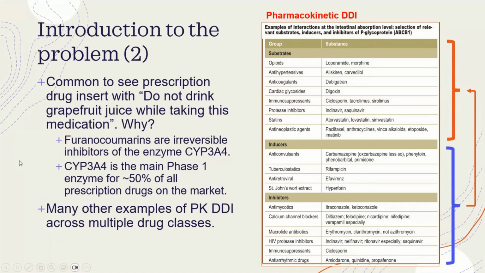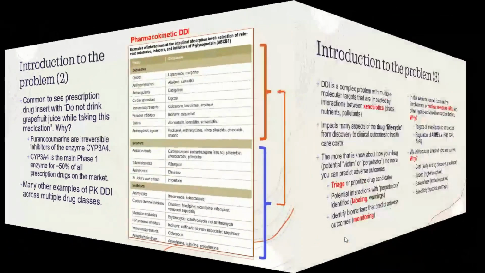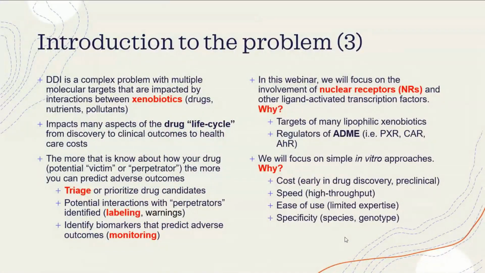And then we have a series of known drug-drug interacting inducers and inhibitors that are affecting these particular substrates. And this, again, is for one protein. We have tables and tables of all these different sorts of interactions that can be involved with both drug 1 and drug 2, the perpetrator and the victim.